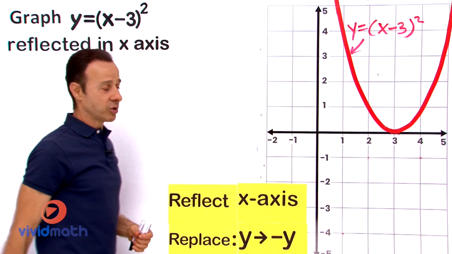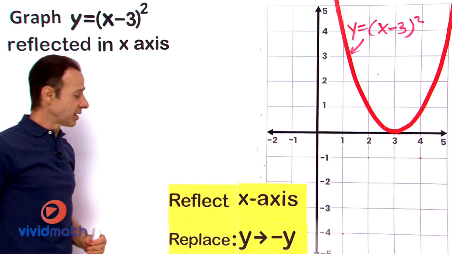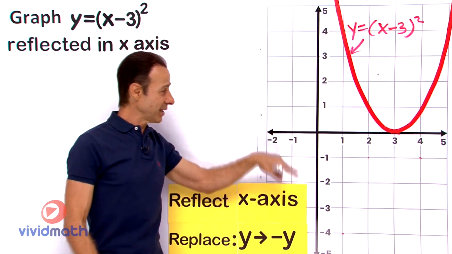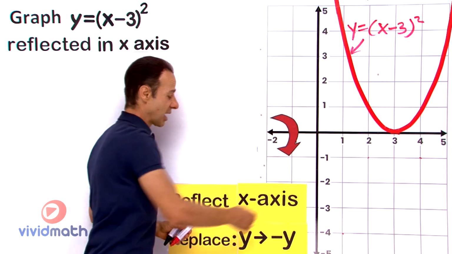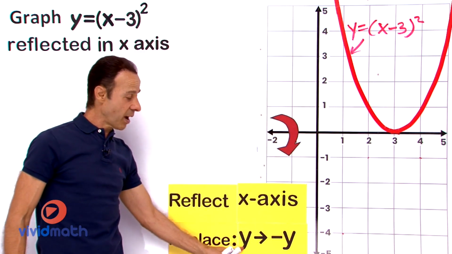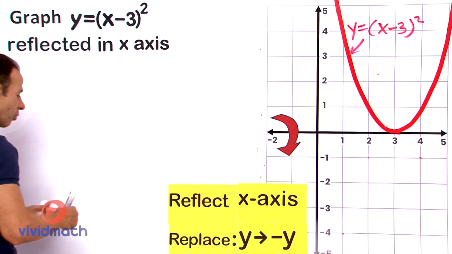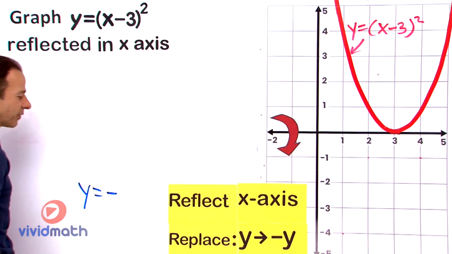So the first thing we've got to do is use this particular transformation technique here. To reflect in the x-axis, about the x-axis, all you have to do is replace the y for negative y. In other words, you just put a negative in front of the function.